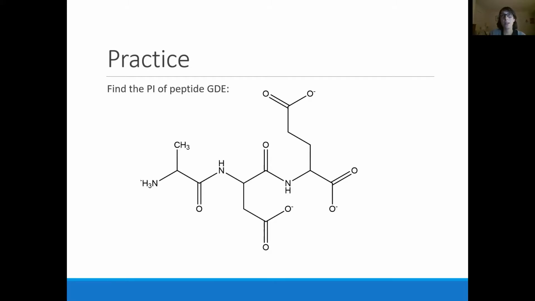Now, how do we figure something out like this, but for a peptide? We talked about finding the isoelectric point of an amino acid with multiple pKa's, but what about a peptide? A peptide has a ton of pKa's, and we will approach finding the pi, the isoelectric point of a peptide, the same way that we do with an amino acid.